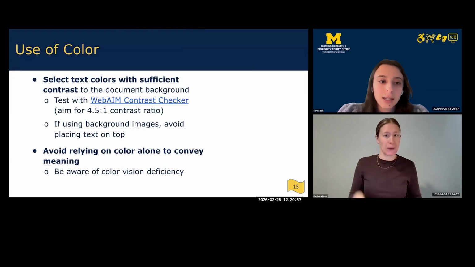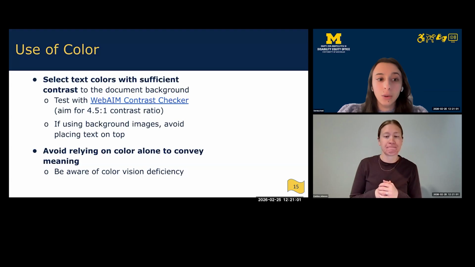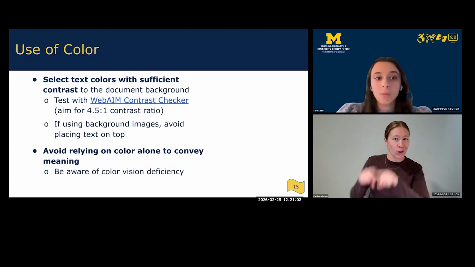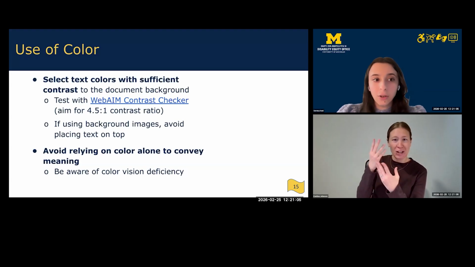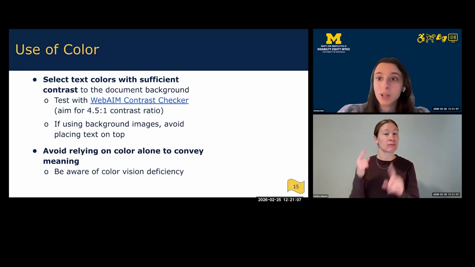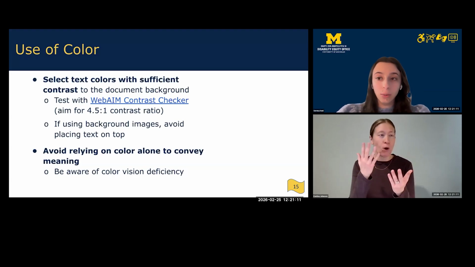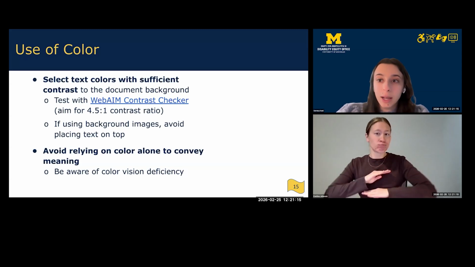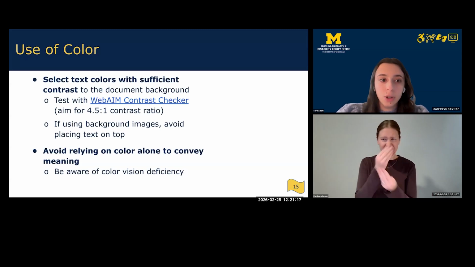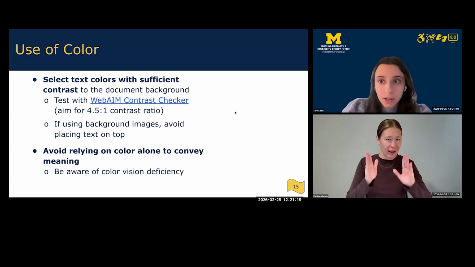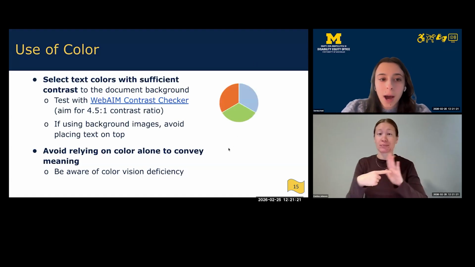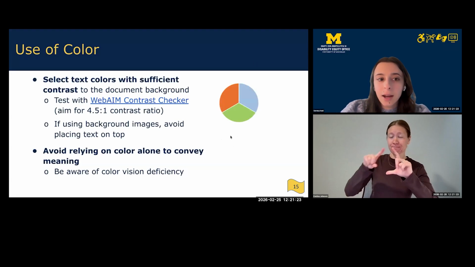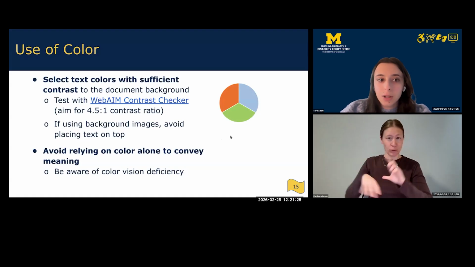The other practice to consider with color is to avoid relying on color alone to convey meaning. So the idea here is that if you're using color to signal something to the audience, like red for an error or green for good, you want to make sure there are multiple ways to understand that visual cue. So for instance, we have an image of a pie chart on the right-hand side with 3 different colors.